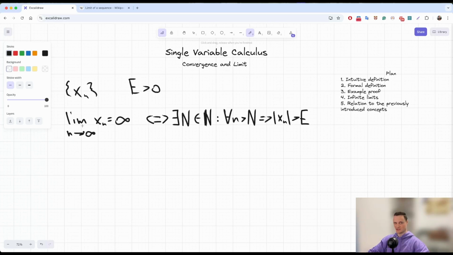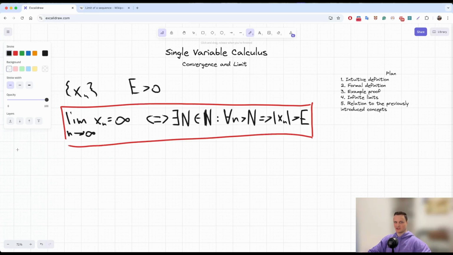Interestingly, infinitely large sequences split into two subcategories. If all terms of the sequence are eventually positive and grow beyond any bound, we say that the limit of such a sequence is infinity or plus infinity. So we just add a sign prior to infinity to show that this goes to the positive side to infinity.